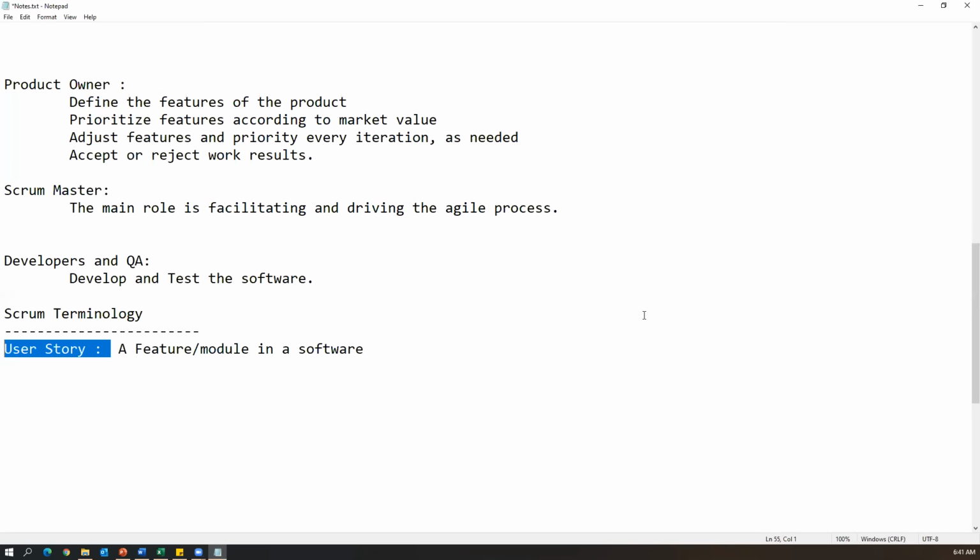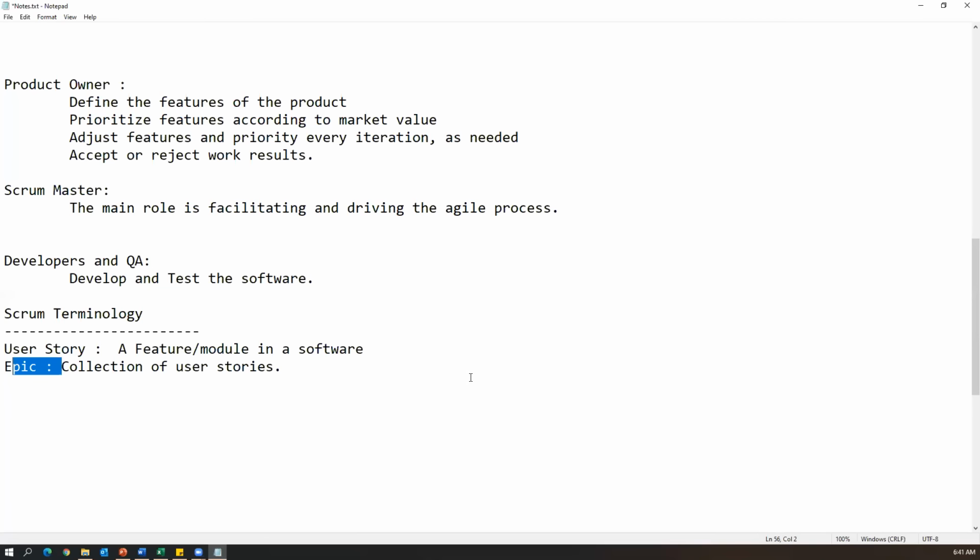That is user story. And epic, what is epic? Epic means a collection of multiple stories. Epic is nothing but a collection of user stories, or we can say it is a huge requirement. One epic we can split into multiple stories. That means a user story is a feature or a module in a software, and a collection of user stories we can call an epic.